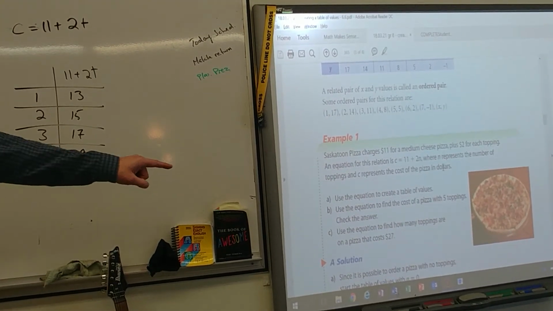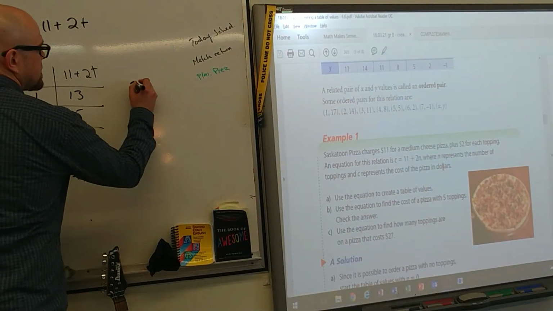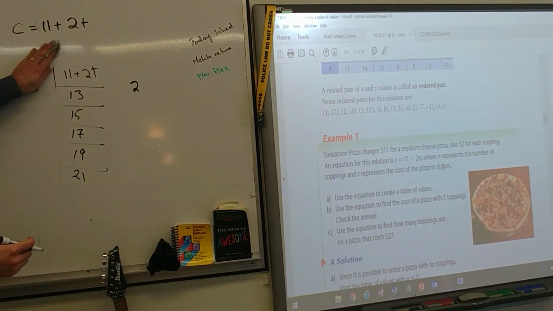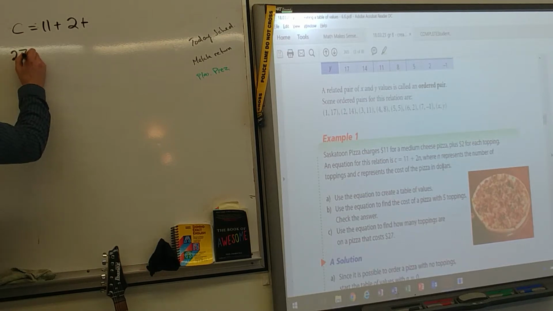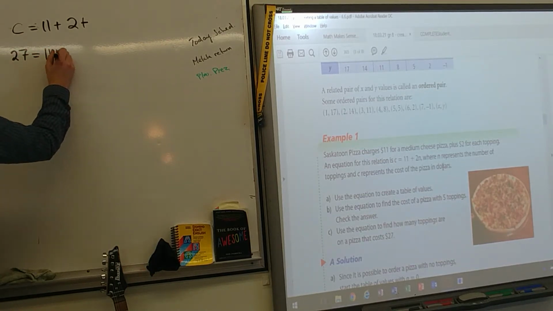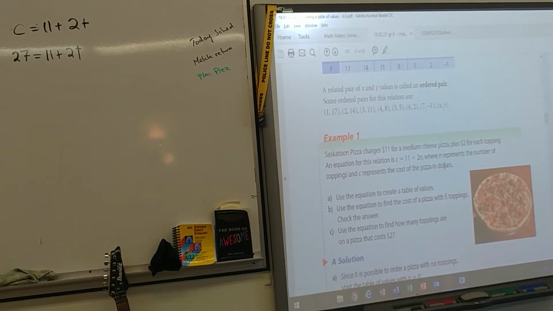Then it says, use the equation to find out how many toppings for a pizza that costs $27. So let's get rid of this, we'll use the equation. So if the cost, C, is $27, how many toppings will there be? Well, now I simply need to balance the equation.